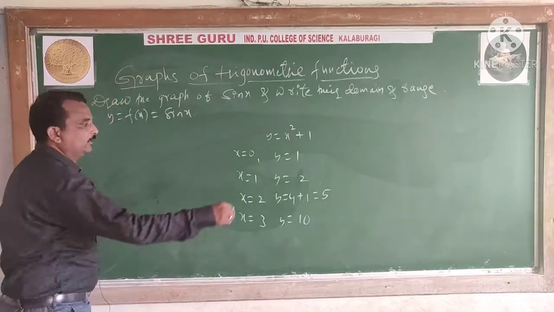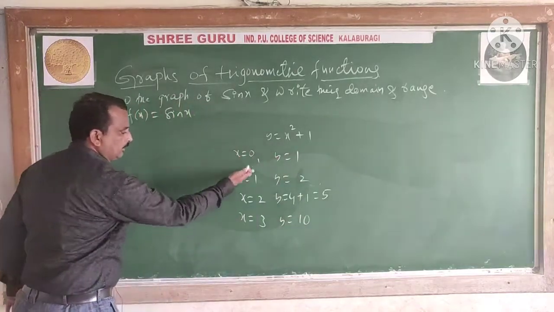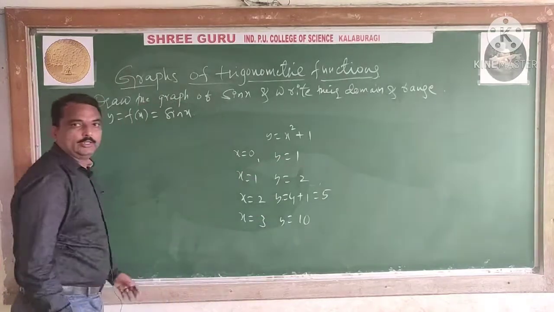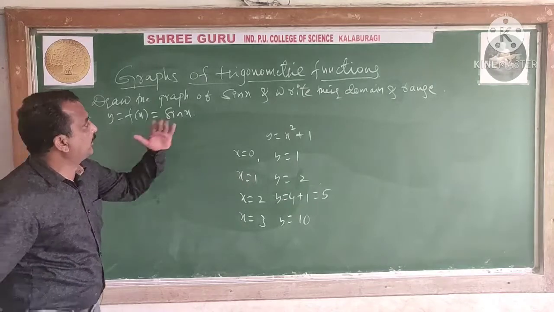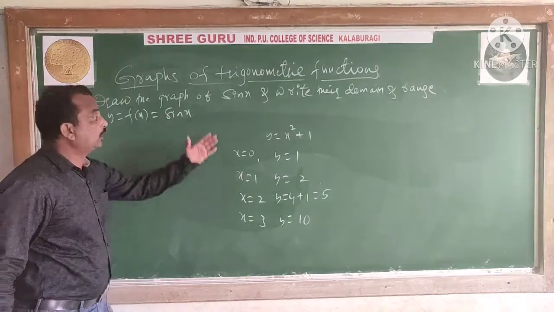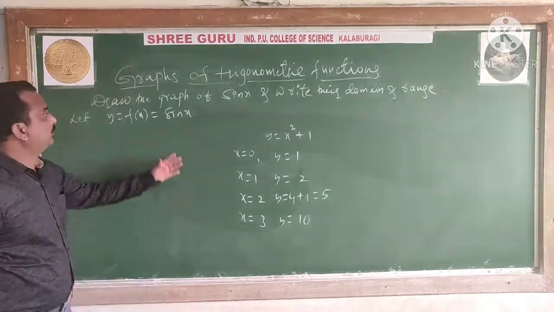Like that you have calculated certain values. So these are the domain values and these are the range values. From these you have to see what the range and the domain of the particular function are.